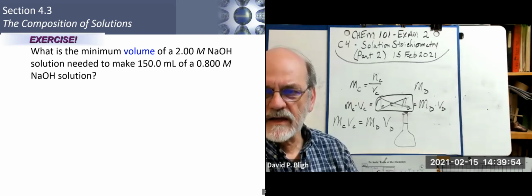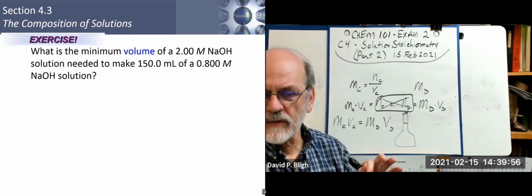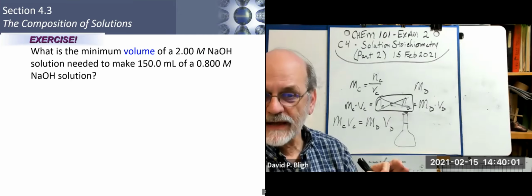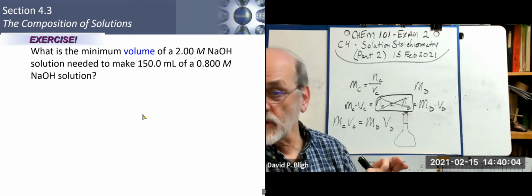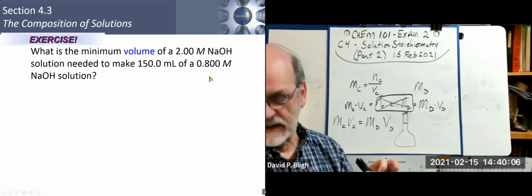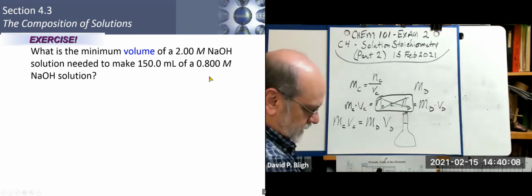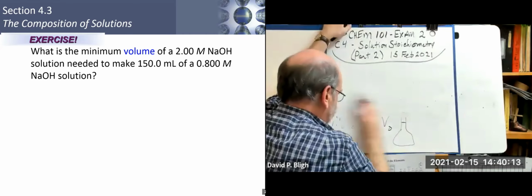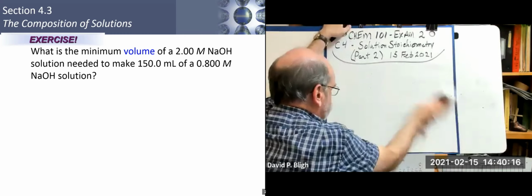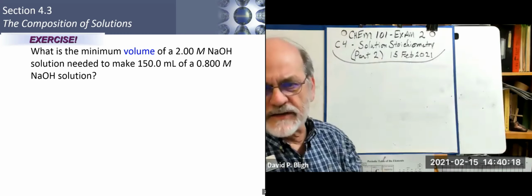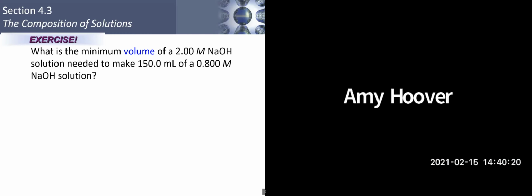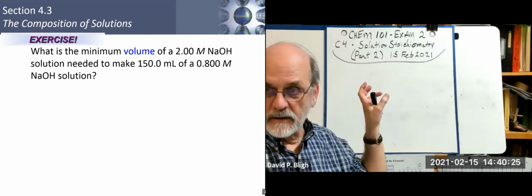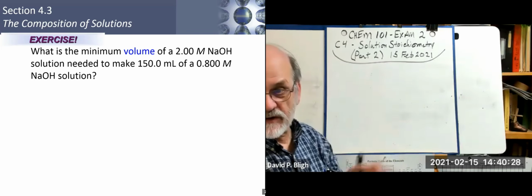So what's the minimum volume of a 2 molar sodium hydroxide solution needed to make 150 milliliters of 0.8 molar sodium hydroxide solution? So we're going from a concentrated to a diluted. Since this is a word problem, it's helpful to extract that information and put it on the board with its proper designation for each of the values.